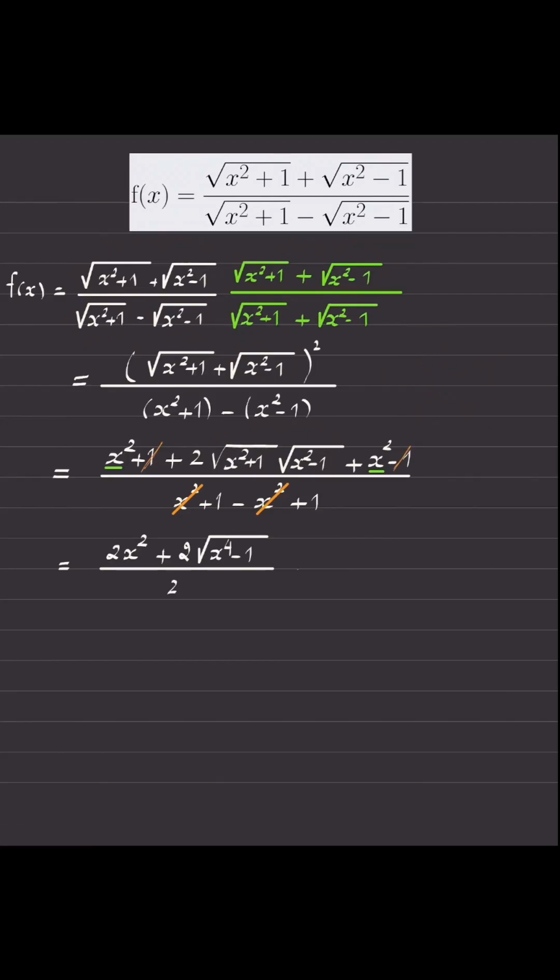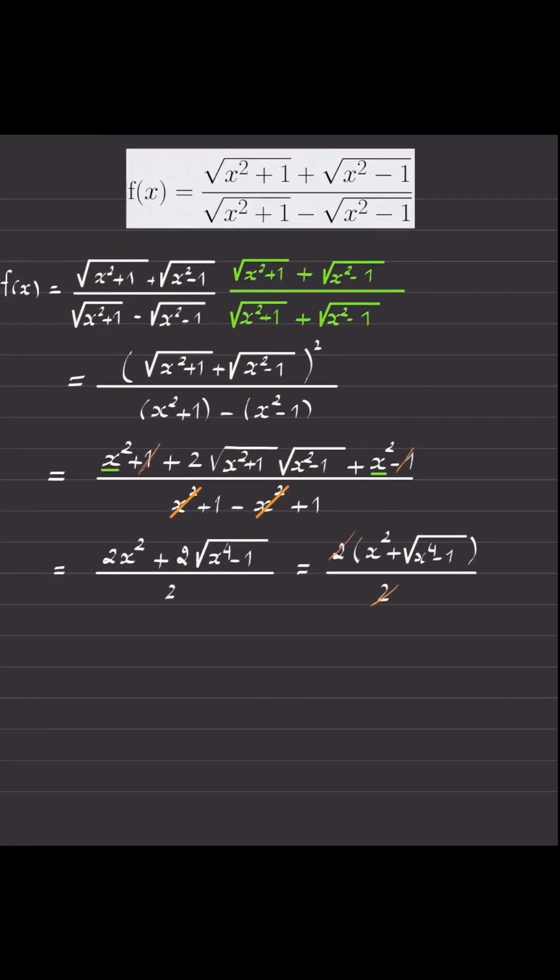And now I factor a 2 out in the numerator, which becomes x squared plus the square root of x to the power of 4 minus 1, everything divided by 2, and then 2 and 2 are cancelled. Finally, I get a very simple function. Yes, so my function will be f of x equals x squared plus the square root of x to the power of 4 minus 1.